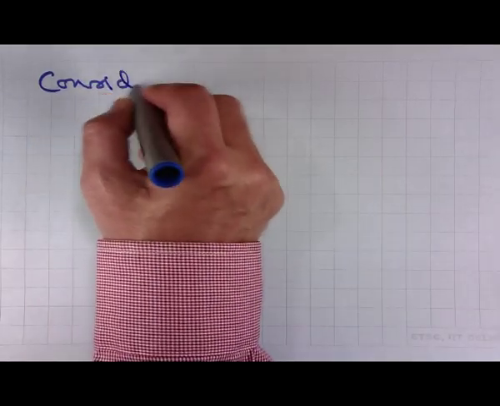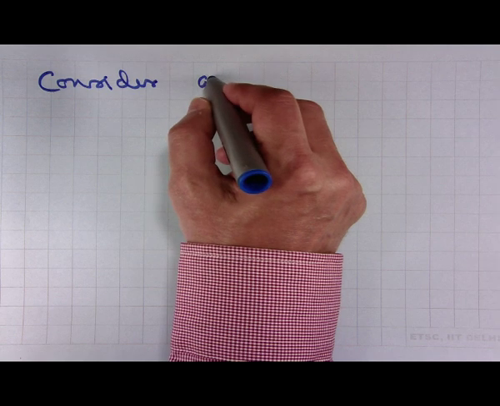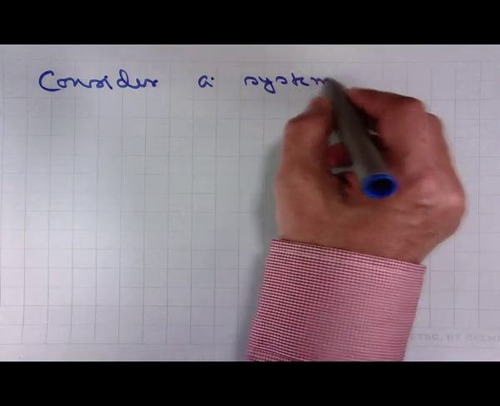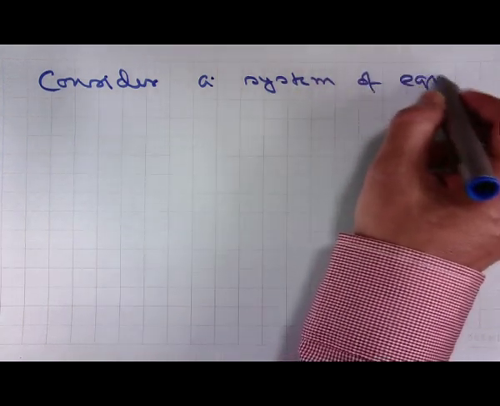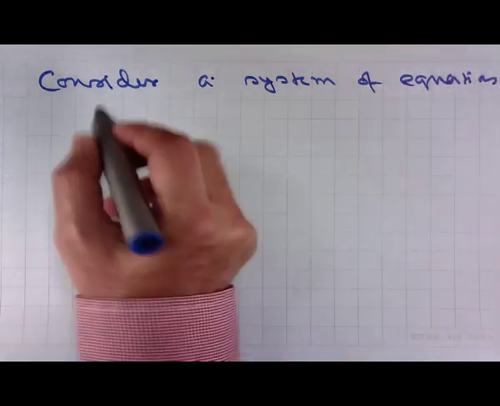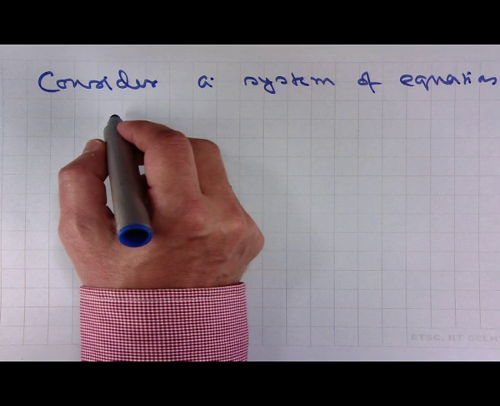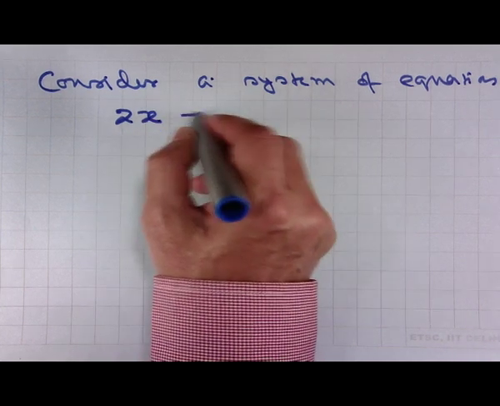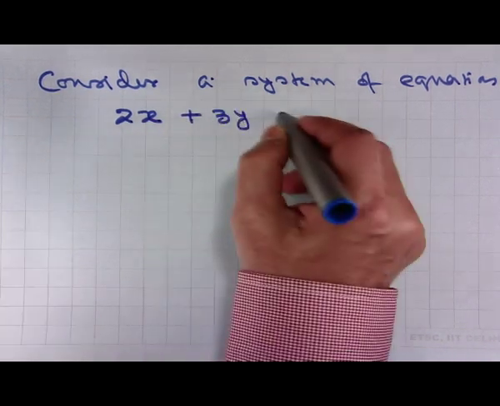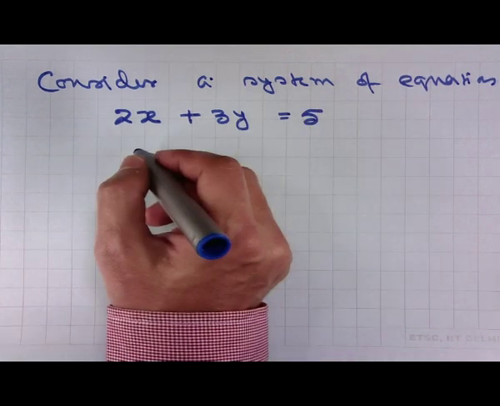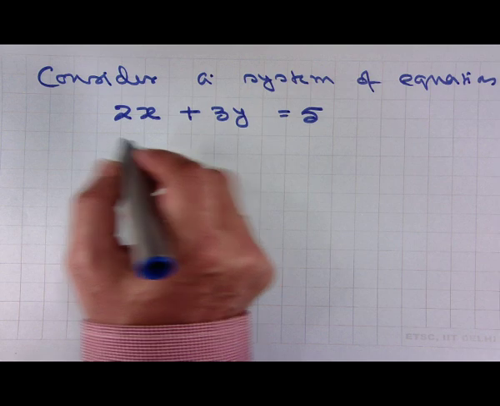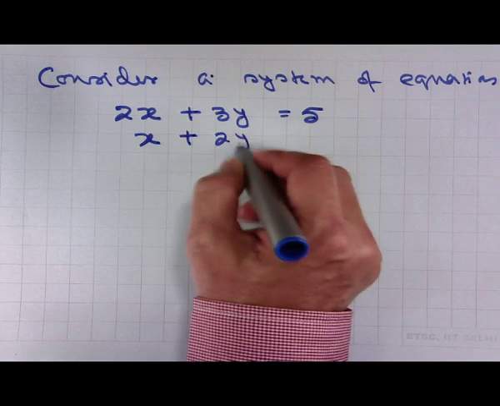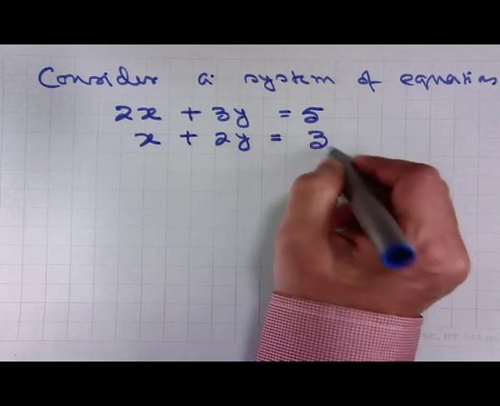Now, consider a system of equations such as 2x plus 3y is equal to 5, and say x plus 2y is equal to 3.